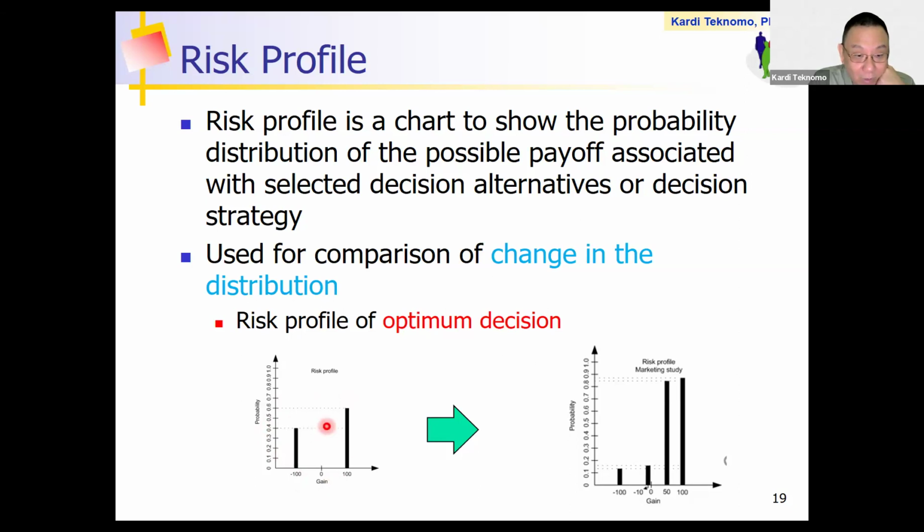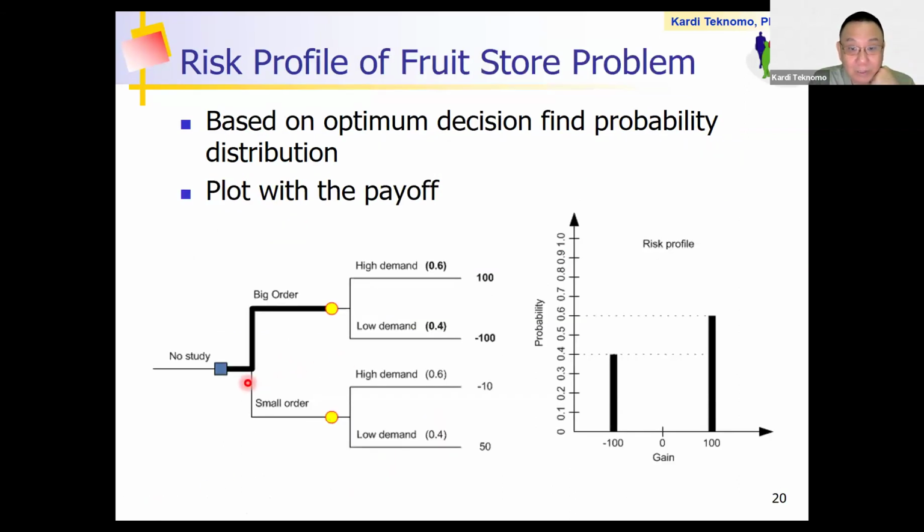How can we get this? This one is obtained from the payoff we selected a while ago, the big order. So this is the result: high demand, you get 0.6 probability with the value of 100, and 0.4 probability with the value of negative 100.